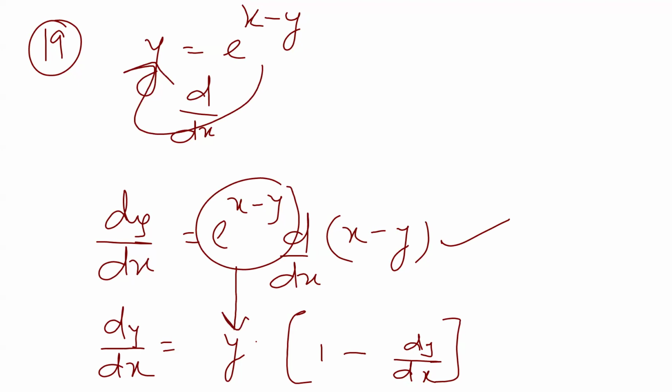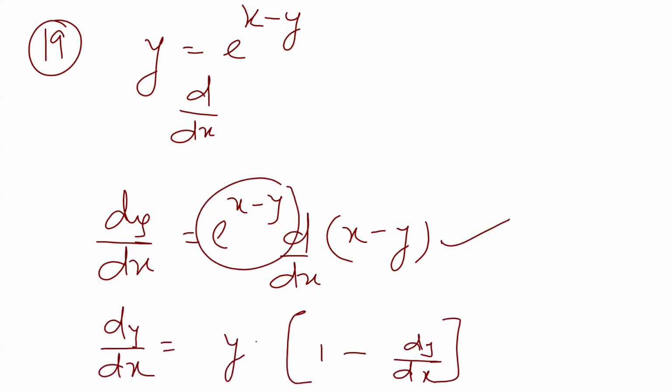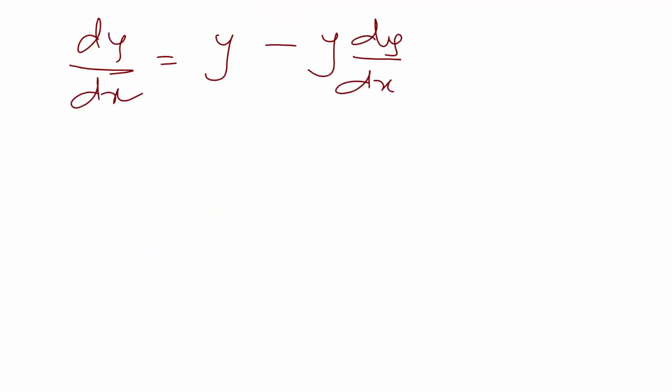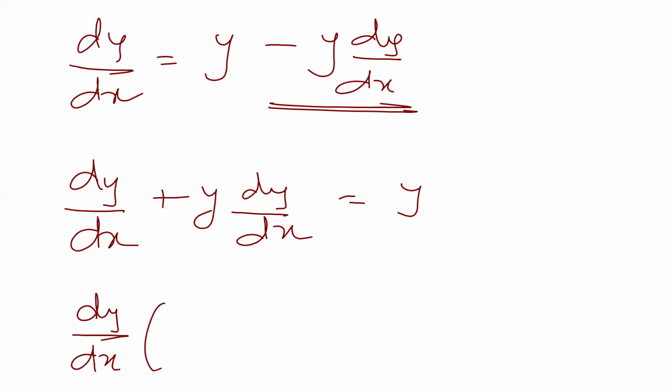Then d by dx of x is 1, and this is dy by dx. Then I'm multiplying y with both the terms in the bracket. Now take dy by dx terms together. Send this term to the left hand side, so it will be plus y dy by dx equal to y. Take dy by dx common: 1 plus y is equal to y, and then cross multiply.